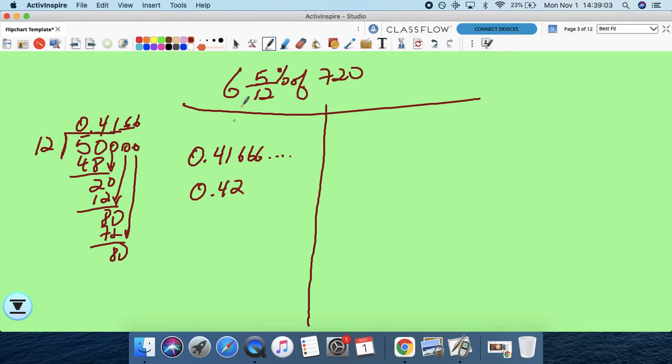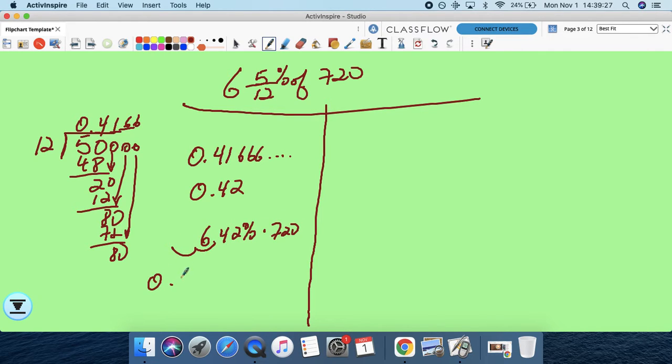Now, with that said, 6 and 5/12% becomes 6.42%. It's a little bit more than it should be. It's not going to be exact, because obviously 6.42 is greater than 6.416666 forever and ever. But that would be your problem. Of 720, you would move the decimal 2 over.